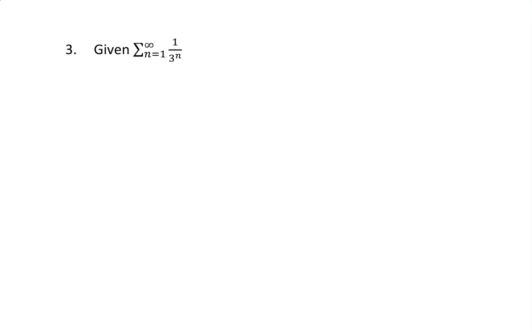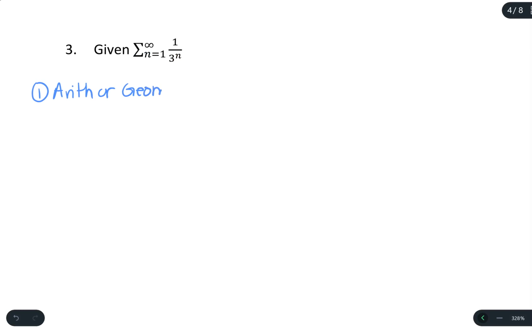All right, so moving into example number 3. Again, we do our first check of either arithmetic or geometric. When I look at this one, I can see my u sub n is 1 over 3 to the n. So u sub n equaling 1 over 3 to the n means that it's going to be geometric.